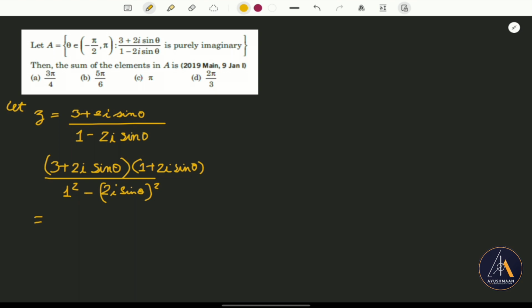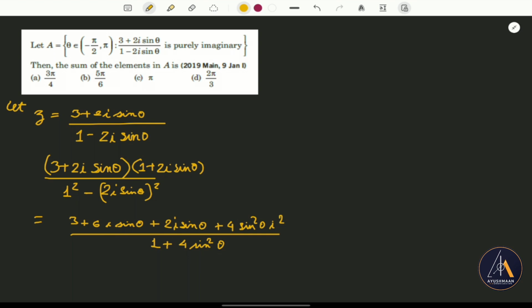Cross multiplying, it will be 3 plus 6i sin theta plus 2i sin theta plus 4 sin square theta i square, divided by 1 plus 4 sin square theta.